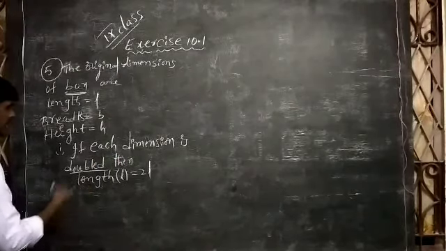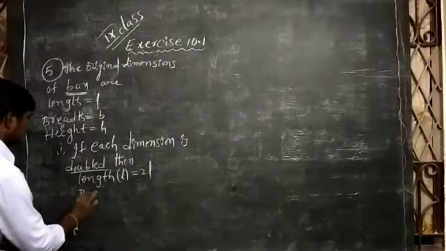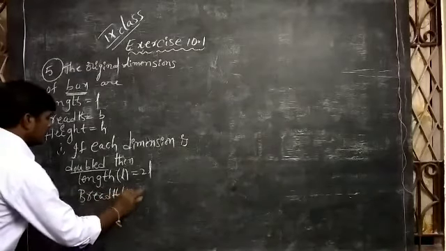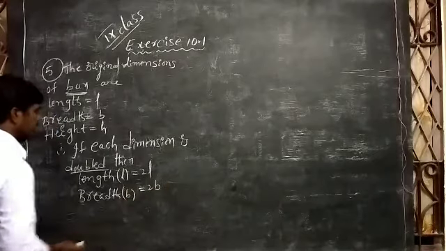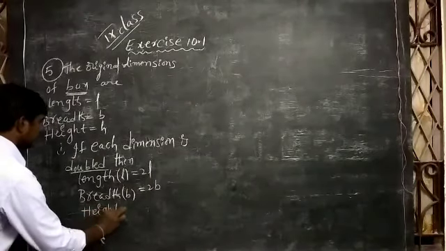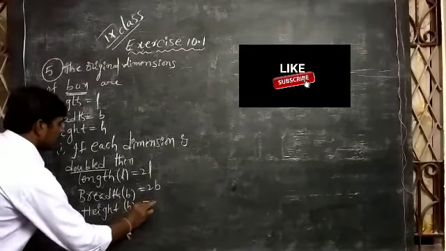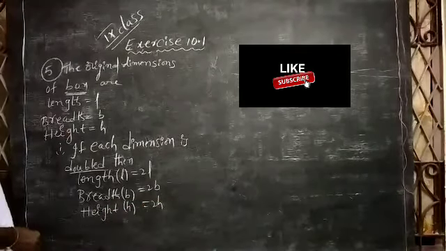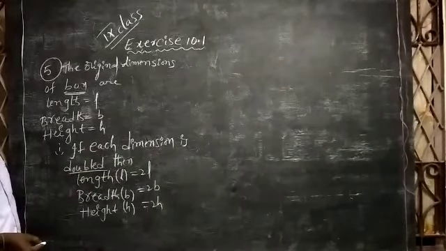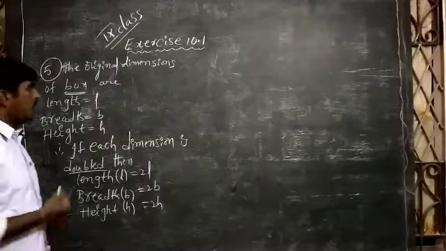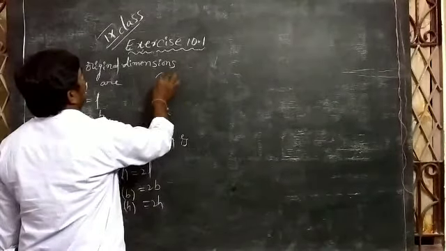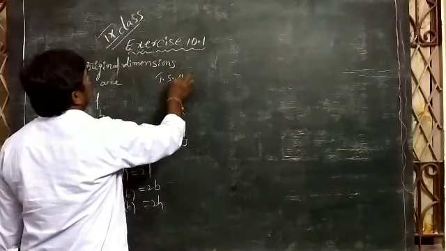Similarly, the breadth of the box B becomes 2B, and the height of the box H becomes 2H. According to the double condition, length, breadth and height can be written like that. After that, the total surface area of the box, meaning a cuboid.